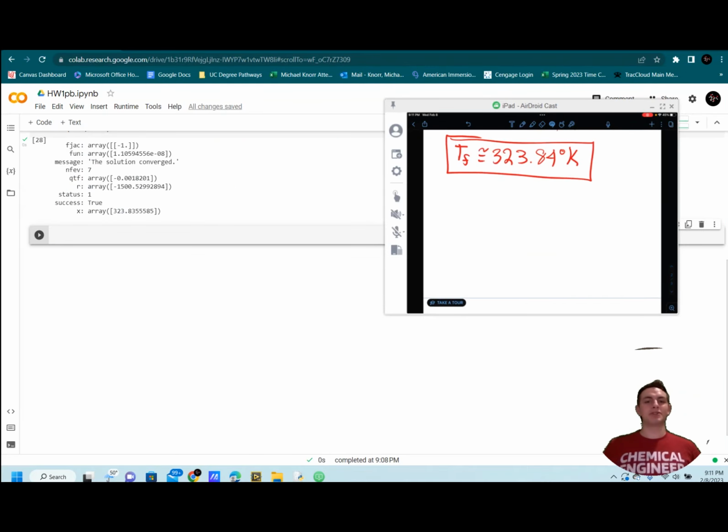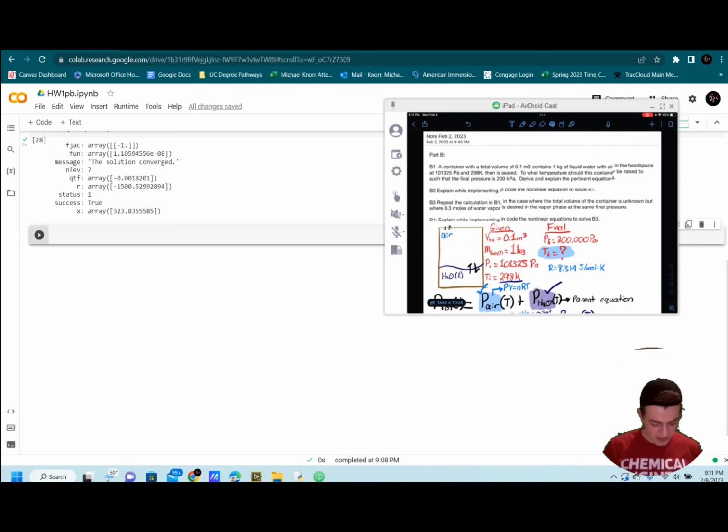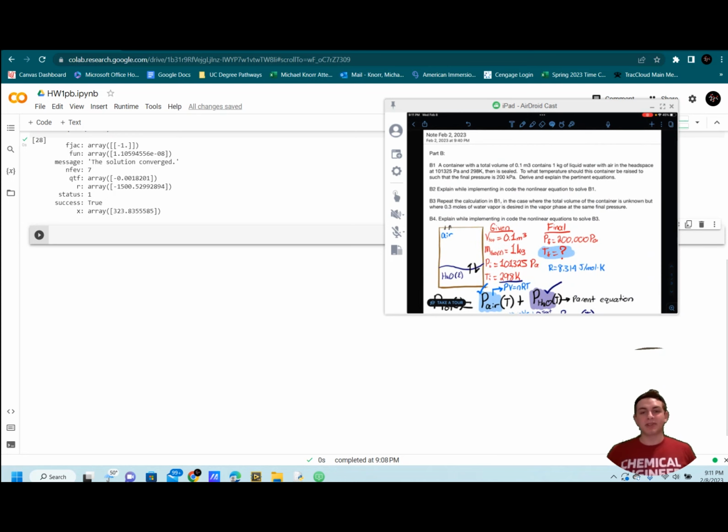Boom! I changed clothes. So now that we've finished B2, it's time to move on to B3. So I'm going to go ahead and read that so that we're all on the same page. We're just repeating the calculation from B1, so we're using basically the same system here.